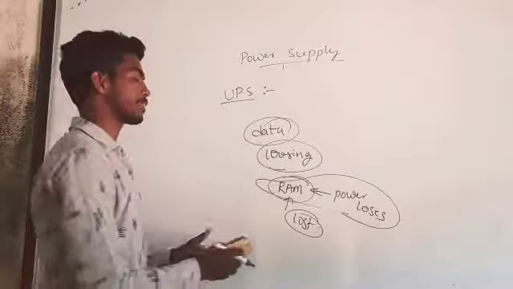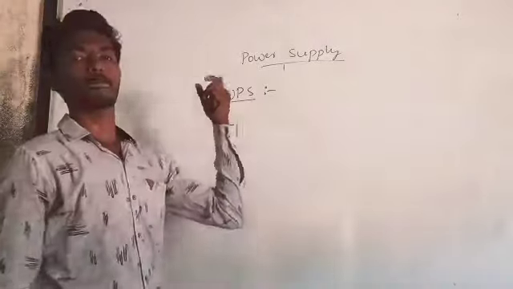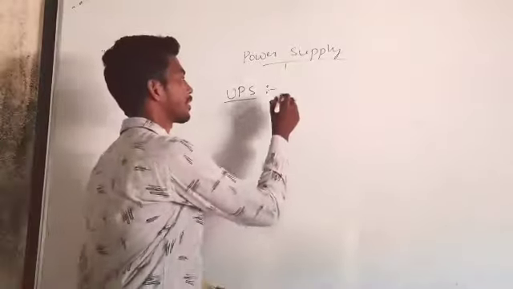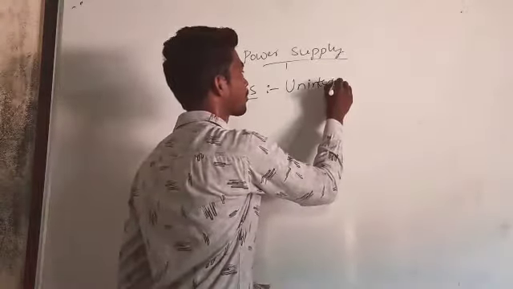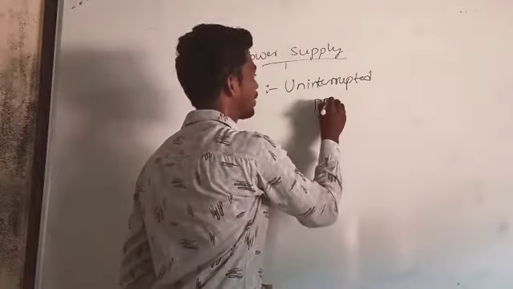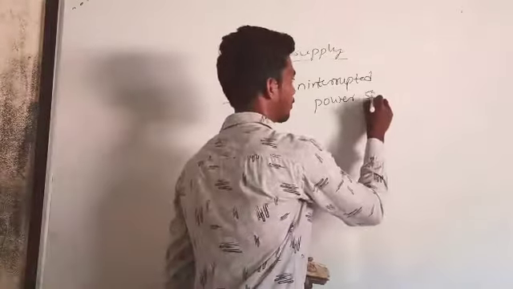So to prevent this type of problem, we provide a computer with a UPS, which is abbreviated as uninterrupted power supply. That is, continuous power supply, as we used to say.